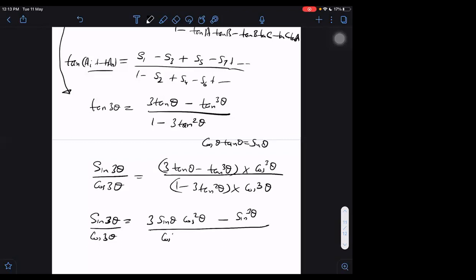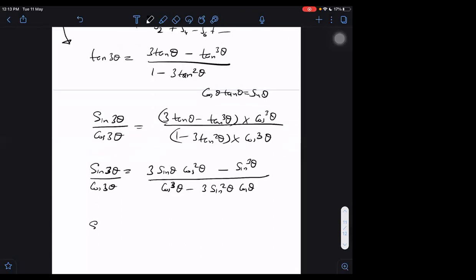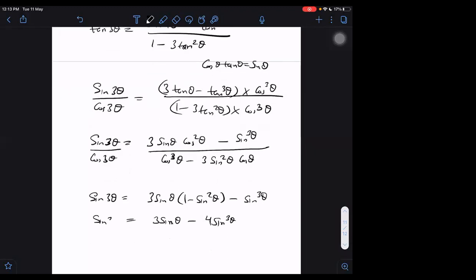Denominator: minus 3 sin square theta into cos theta. What is the numerator? Sin 3 theta will be equal to 3 sin theta into 1 minus sin square theta minus sin cube theta. Somebody already told the answer: 3 sin theta minus 4 sin cube theta. That is the right answer for sin 3 theta.